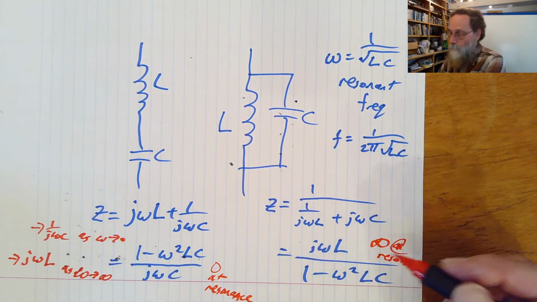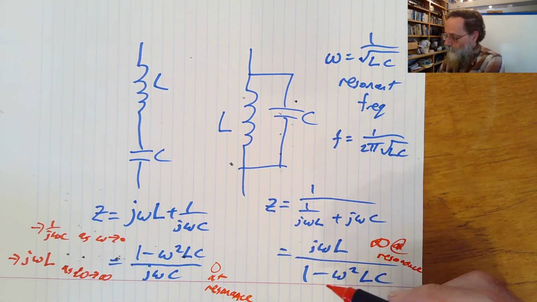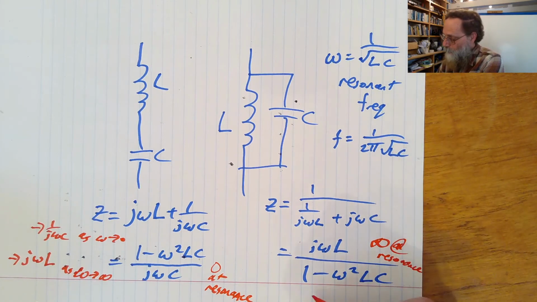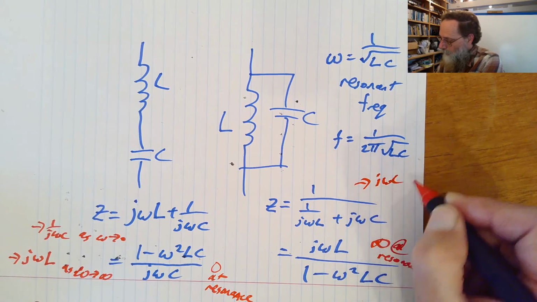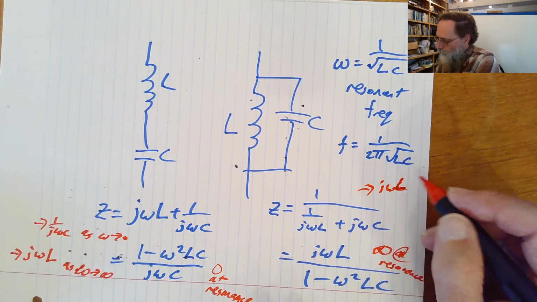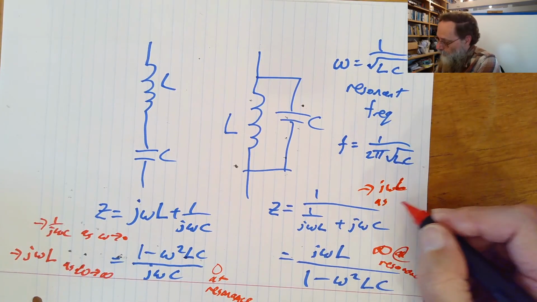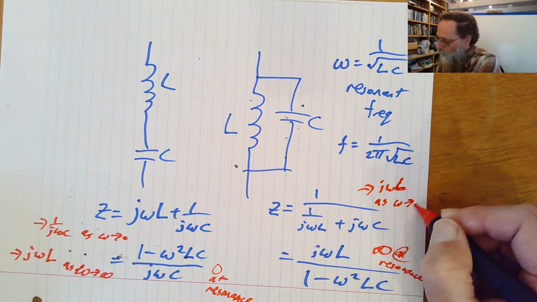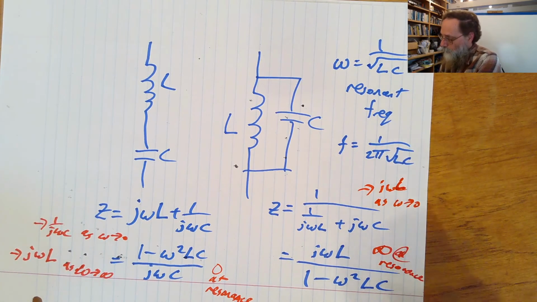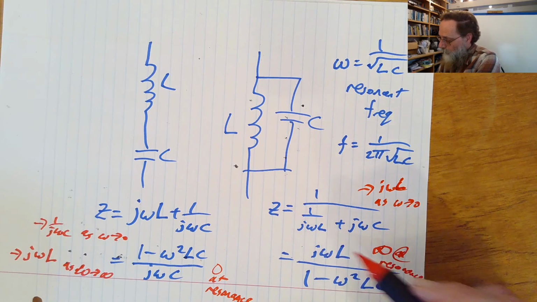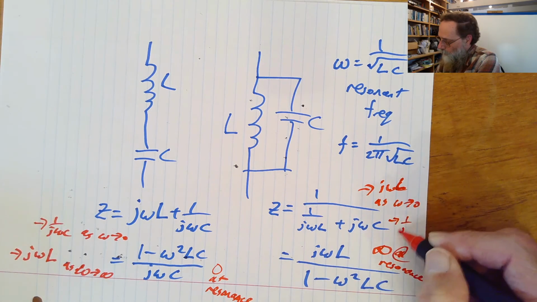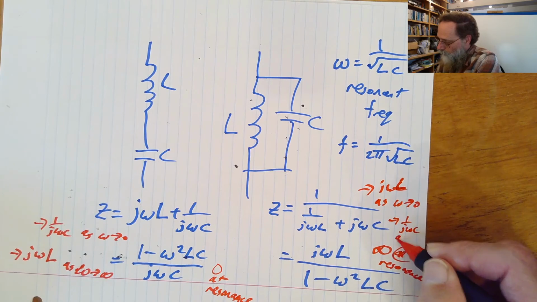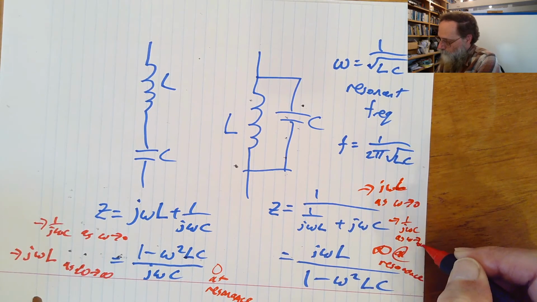And doing the same sort of thing over here, as we go to 0, the bottom disappears, so this goes to j omega L as omega goes to 0. And as omega goes to infinity, again this part disappears, and the simplification goes to 1 over j omega C as omega goes to infinity.